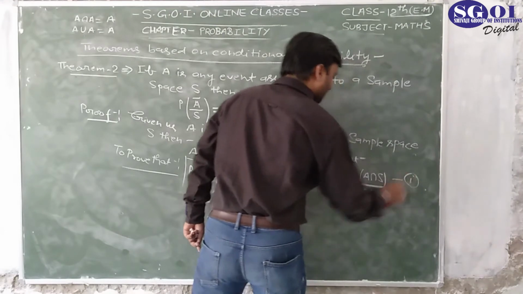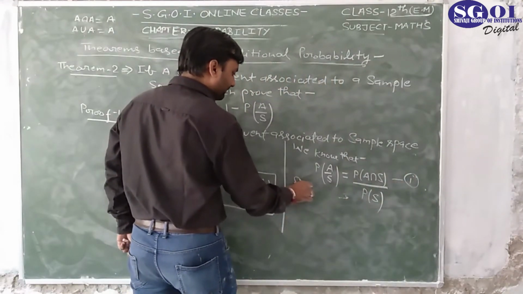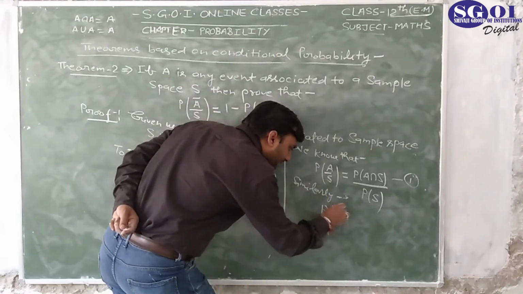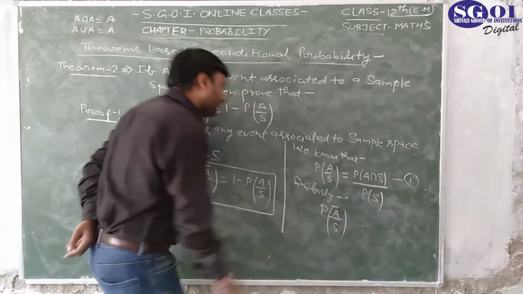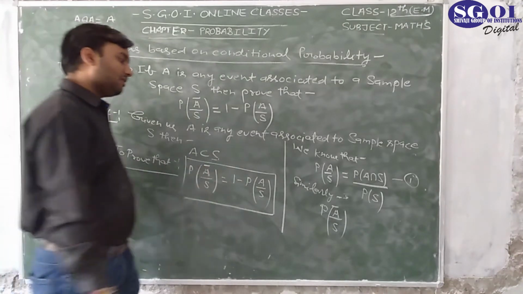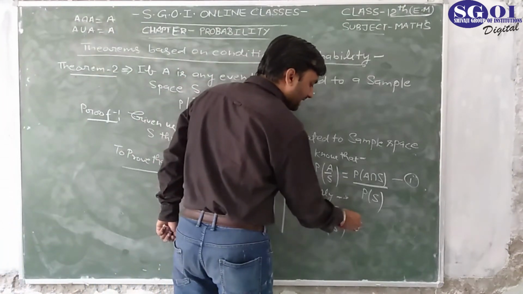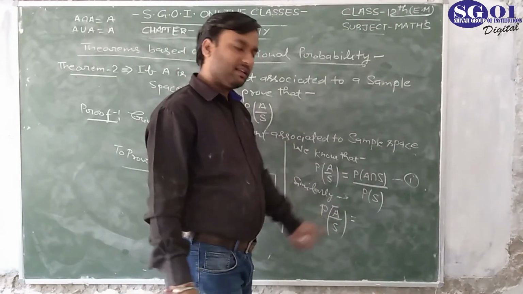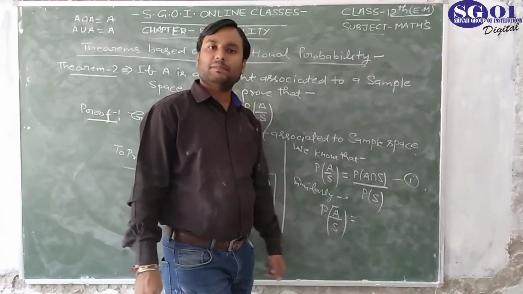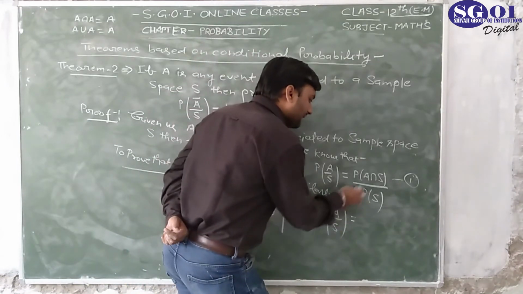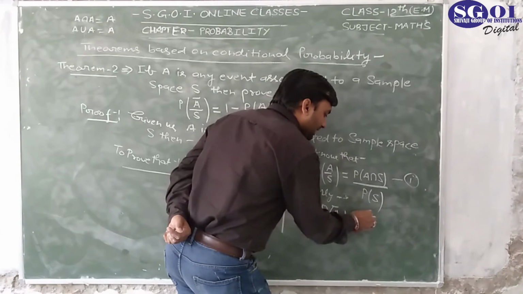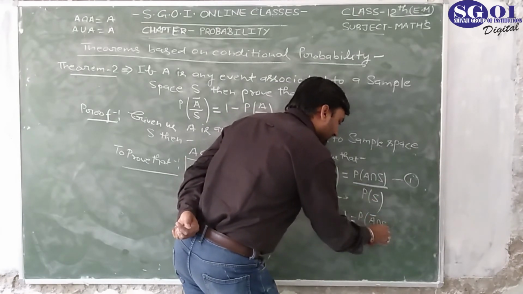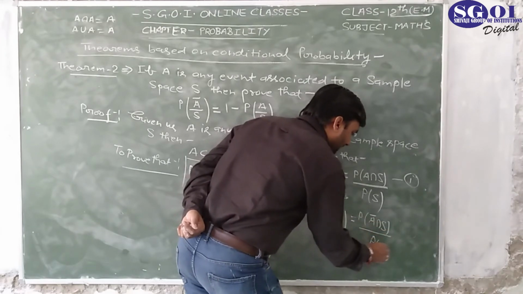It is equation number one. Similarly, we have to find probability of A bar given S. In this formula we can put A equal to A bar, so we can easily find it. Probability of A bar given S is equal to probability of A bar intersection S upon probability of S.